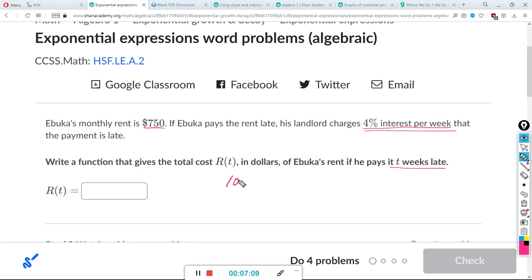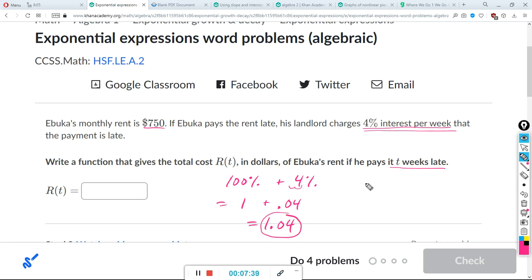So that's going to be 100% plus 4%. Okay, we said 100% was 1. And 4%, just move the decimal over 2 places. That's going to be 0.04. Okay, so we're going to be multiplying by 1.04 in order to increase by 4% each time.